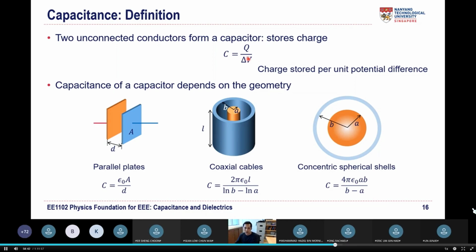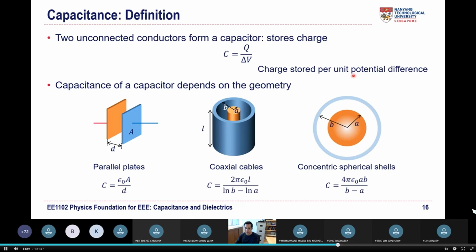Okay, so then you can actually store some charges on these two conducting media, and that is called a capacitance, and that device itself is called a capacitor. The amount of the charge that the capacitor can store is called capacitance.